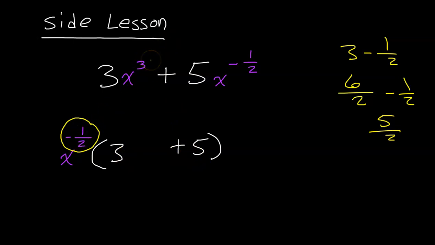Now listen for that double negative though. I'm subtracting negative 1/2 from both of these. Subtracting negative 1/2. And of course, when you subtract a negative, you really wind up adding.